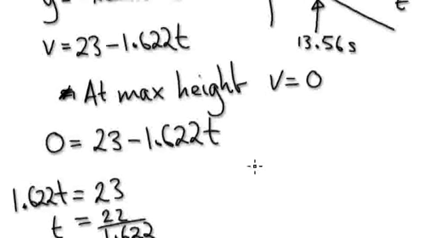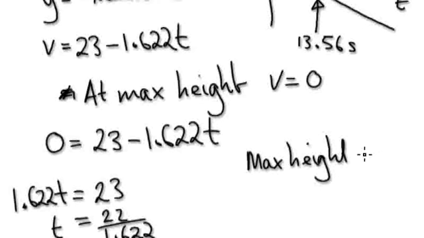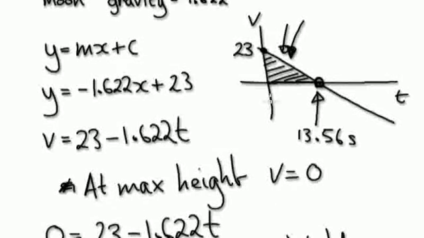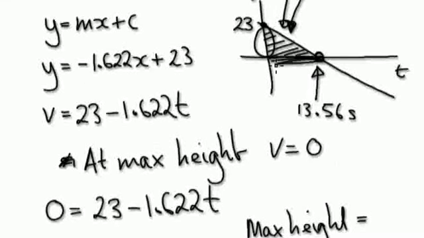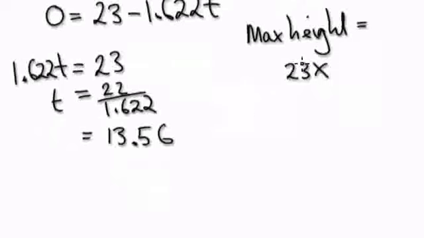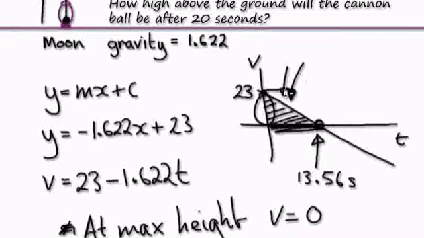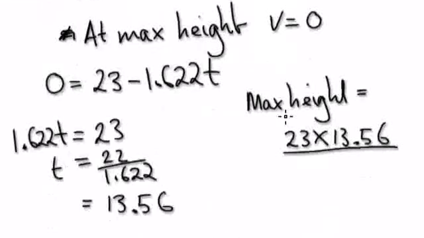Max height equals 23 times the across here, 13.56, and because it's a triangle, we need to divide it by 2.